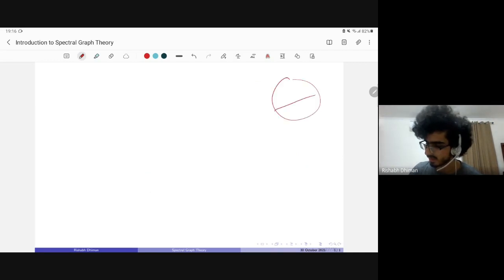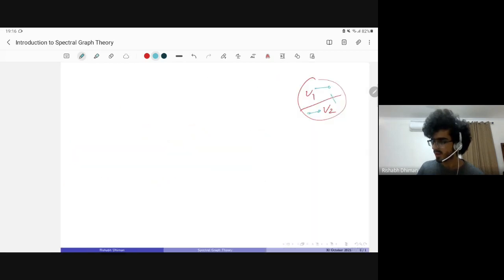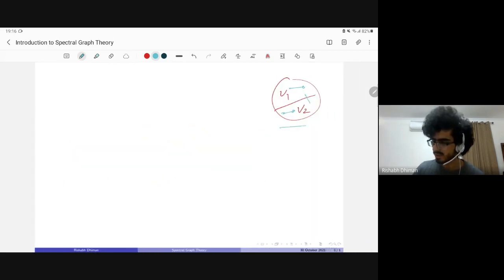You have this graph V1, V2. Now there will be some edges which cross over, some edges which start in V1 and end in V1, and some edges which start in V2 and end in V2. So first we look at these.